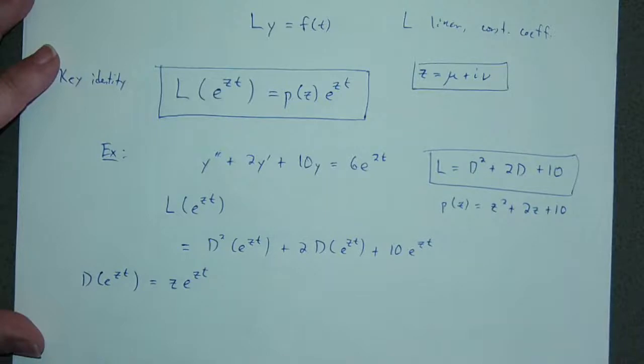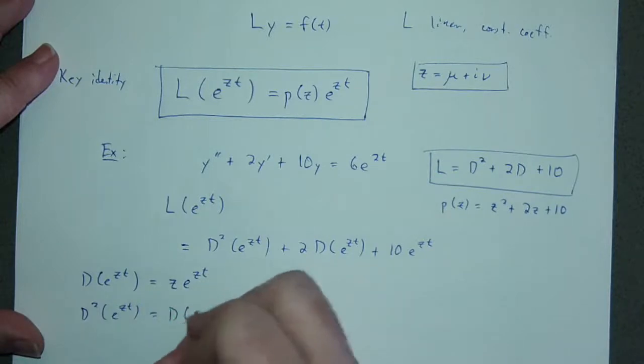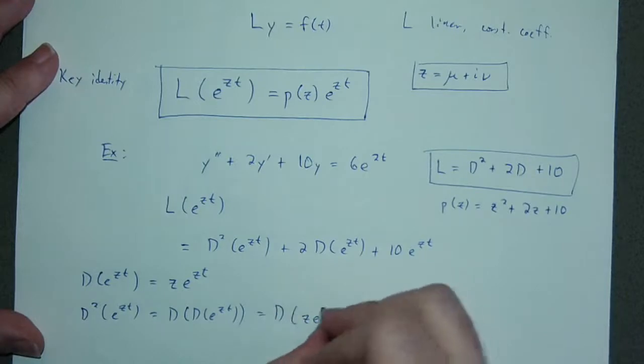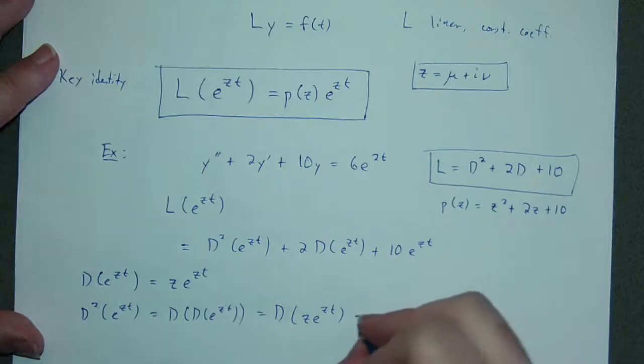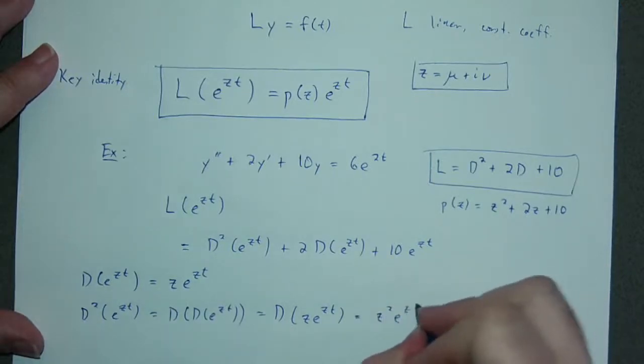Simple. Then d squared e to the zt is just d of z e to the zt. Z doesn't depend on t, so I don't need to do a product rule here. So this is z squared e to the zt.